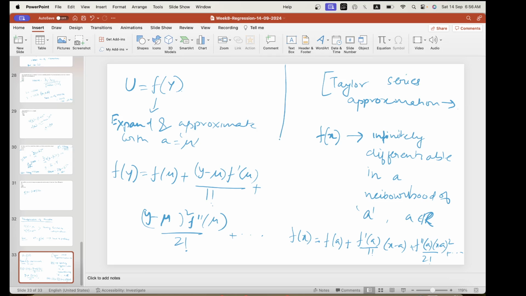So this would be the actual Taylor series approximation.